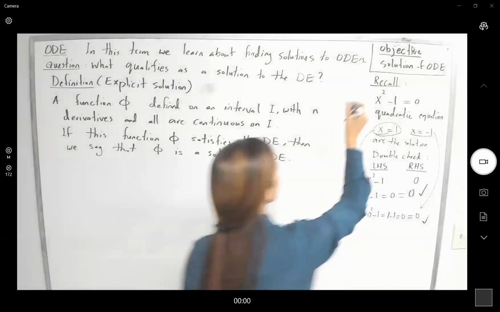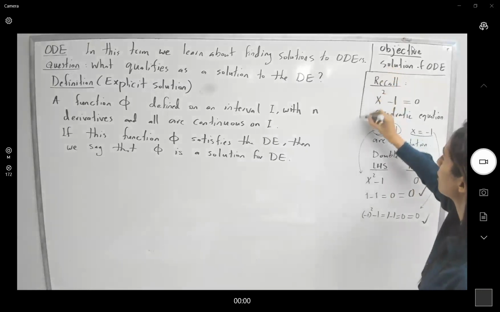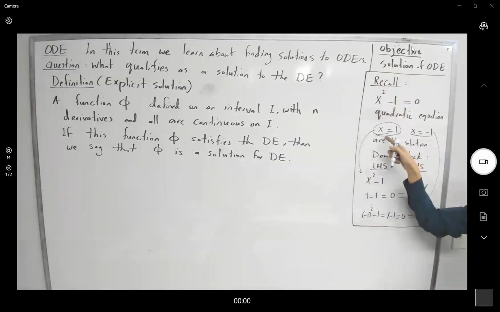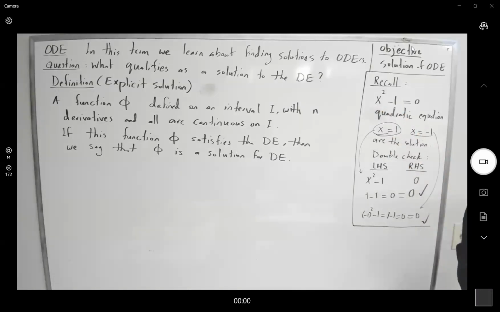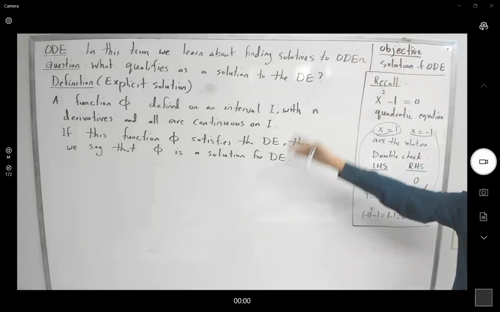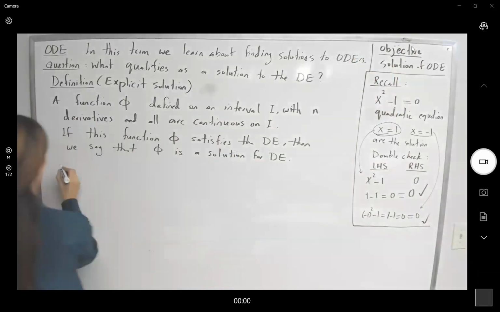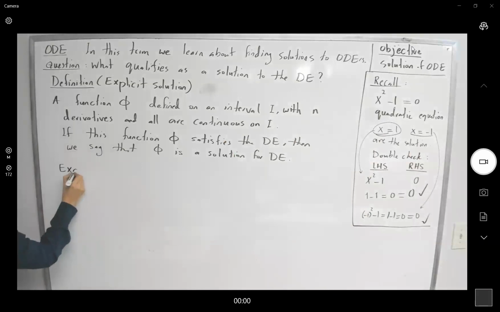Again, recall that in algebra, you learn that if you have an equation and if you have the possible solution, you can check these solutions by plugging those solutions into the left-hand side, right-hand side, and their left and right must be equal to each other. It's exactly the same for a differential equation. Let's go over one example to feel comfortable about what's going on here.